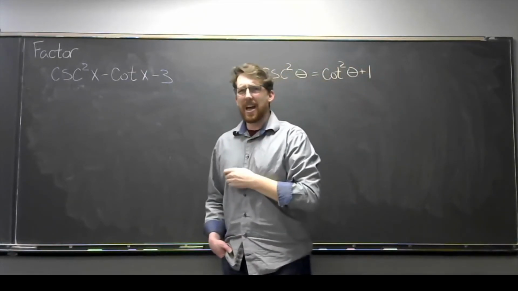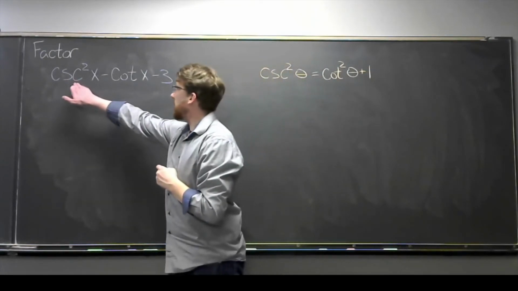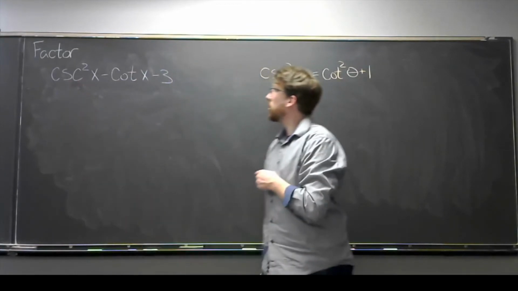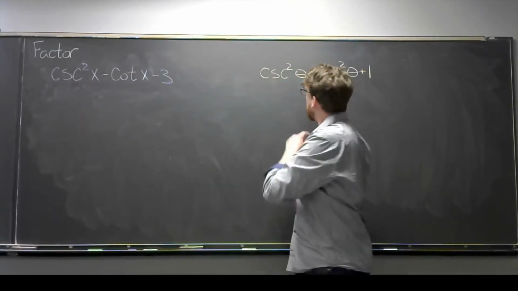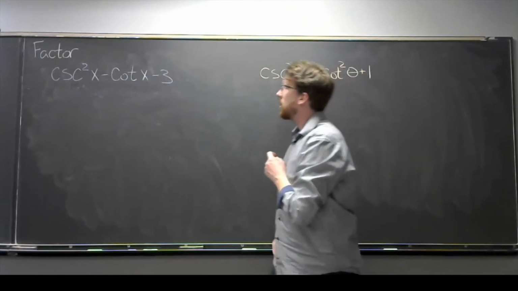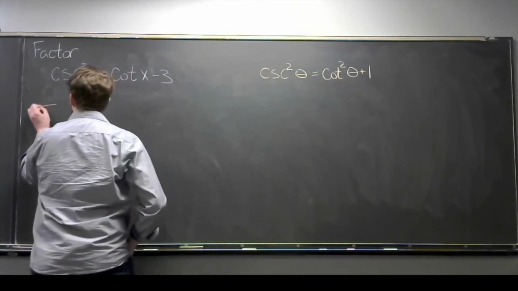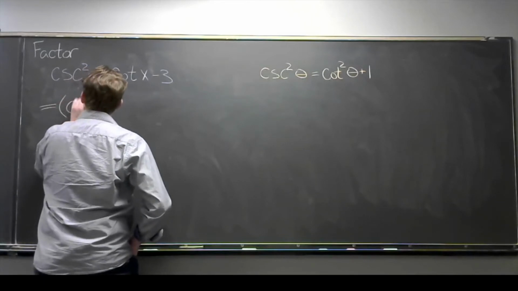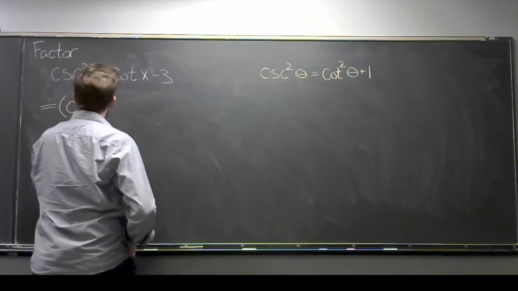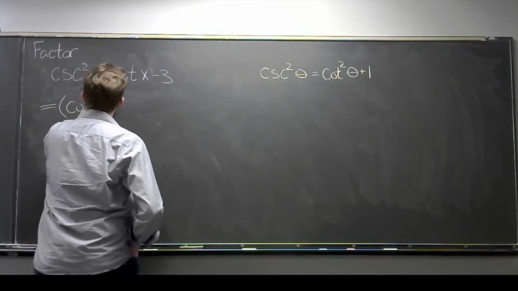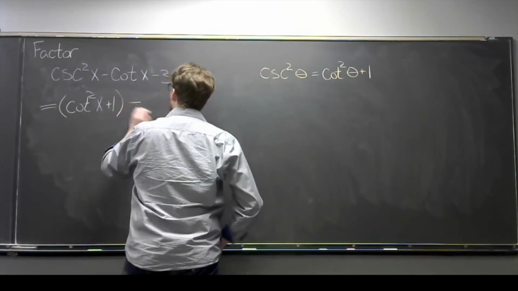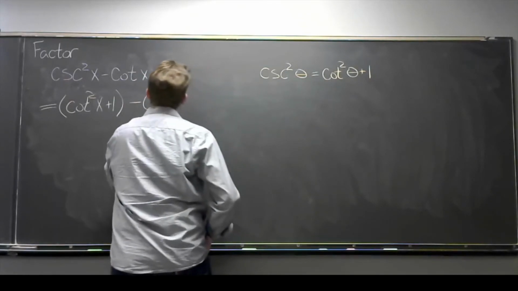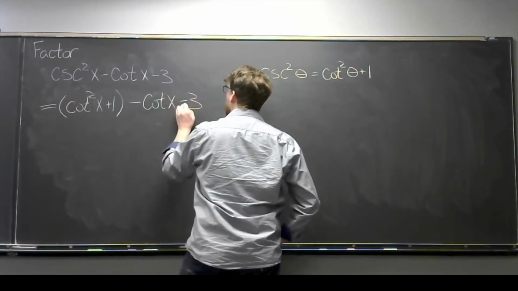So if I sneak that in for my cosecant squared of x, what we're going to end up with is cotangent squared of x plus 1 minus cotangent of x minus 3.